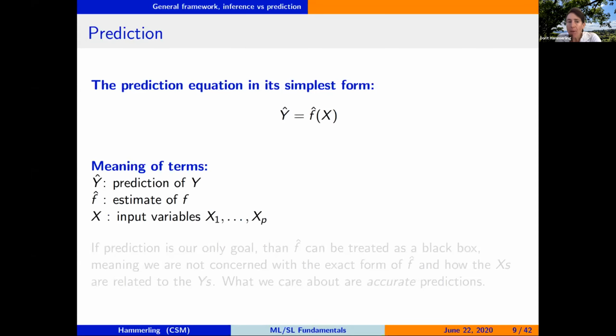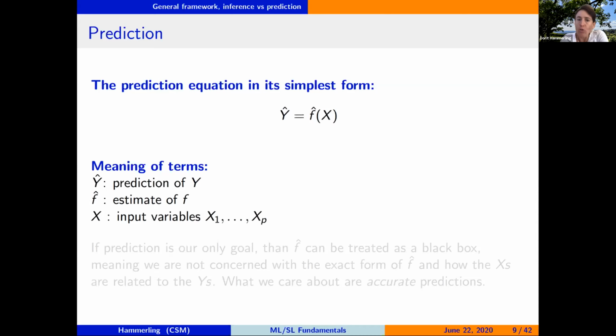So when we think about the prediction equation here, when we predict, we determine what our estimated y is using the estimate of our functional form. Again, we haven't discussed what these functional forms can all be. We'll do that soon, but that's the general framework for how you think about prediction.